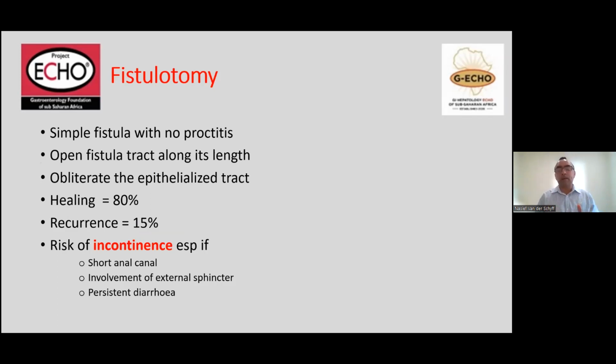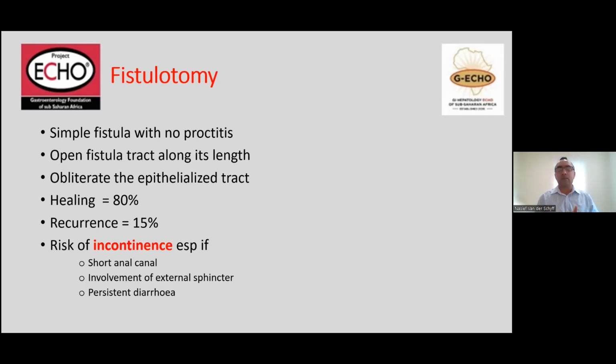A fistulotomy is only indicated very seldom, for patients that have a simple fistula, pretty much referred to as a fistula in ano, and there's no evidence of proctitis. The risk of doing a fistulotomy in the setting of proctitis is a non-healing scar. What the surgeon does is open the fistula tract along its length, with the purpose of obliterating the epithelialized tract. And this is in the right setting.